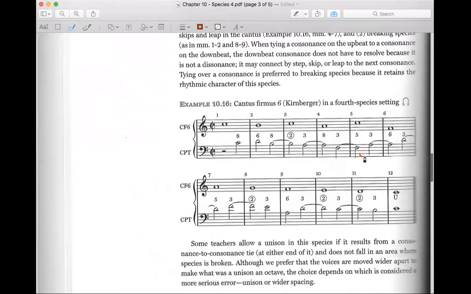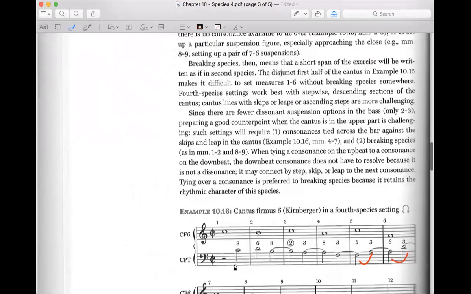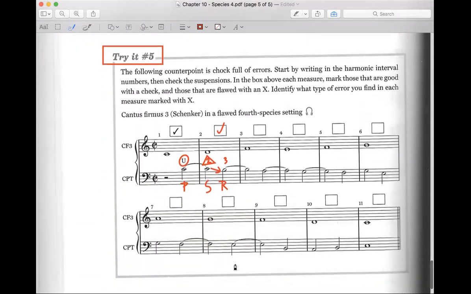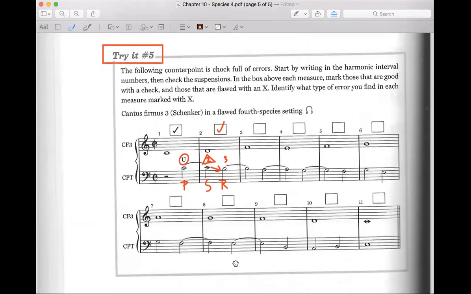So here you tend to have more leaps. Okay, they don't give you an example of parallel intervals, but rest assured, you do want to avoid them in this species. Okay, so do your best. If you find a mistake, mark it with an X.